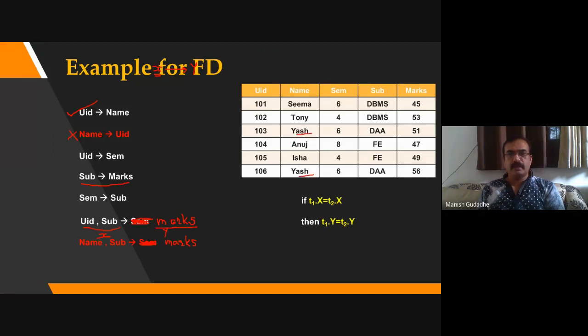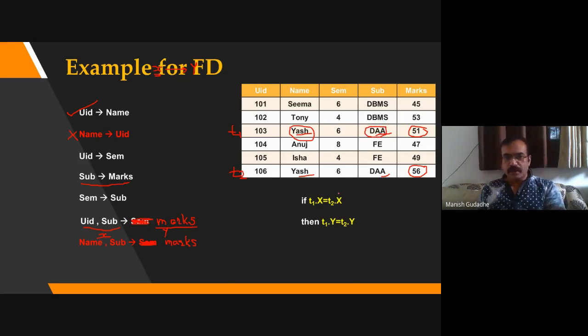Yash is appearing twice for the DA subject. In one instance, I am getting 51. In the other instance, I am getting 52. If I consider this as T1 and this as T2, then name and subject together are X.